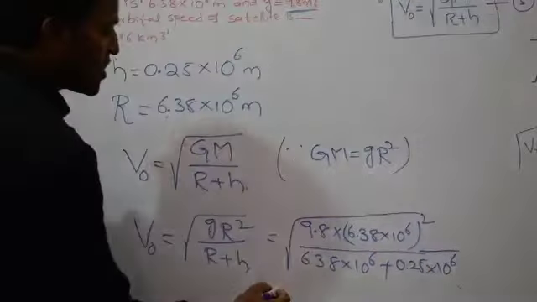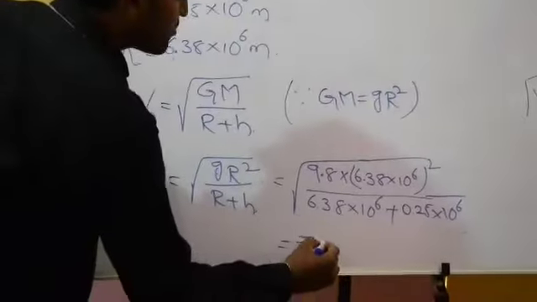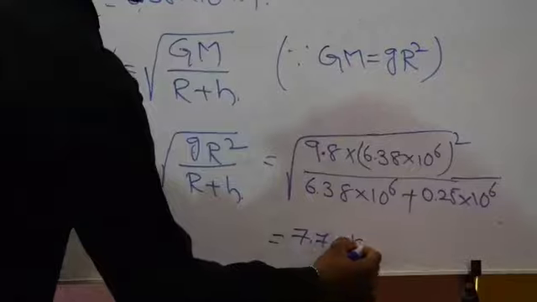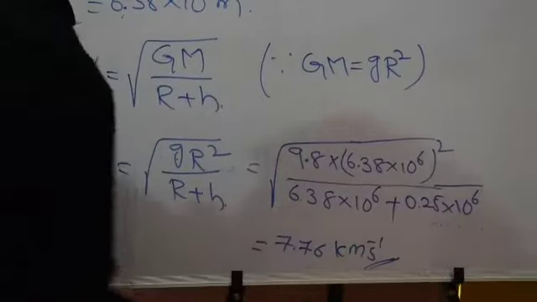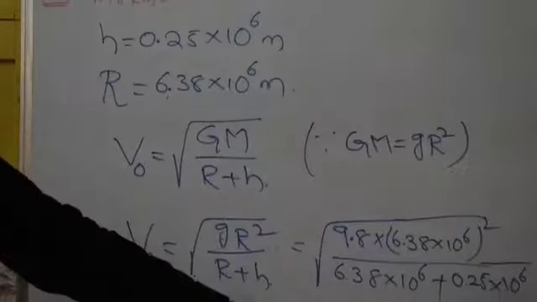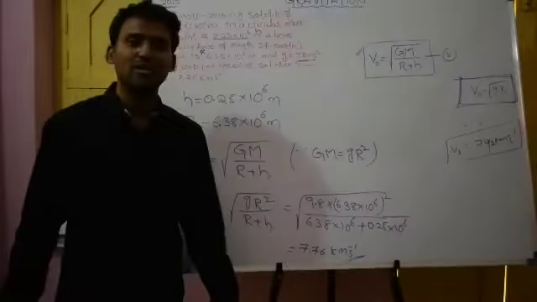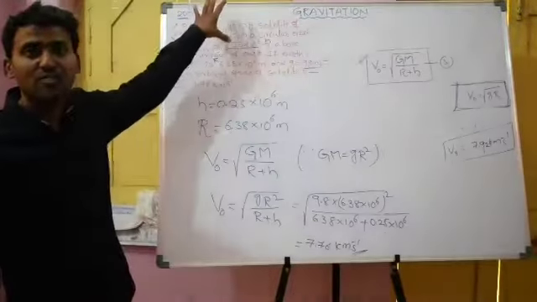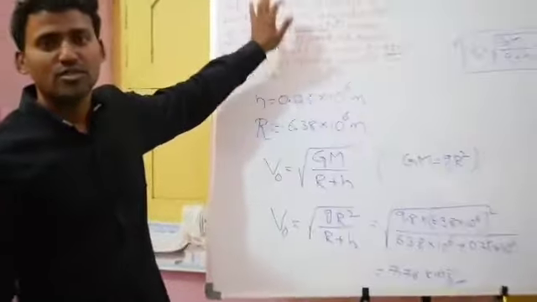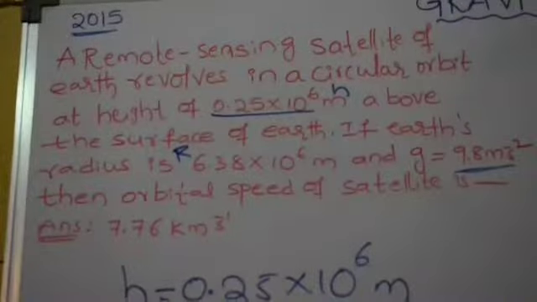If you solve this one, we get 7.76 kilometer per second. It is the 2015 NEET question.